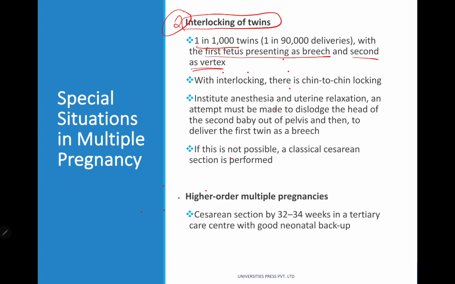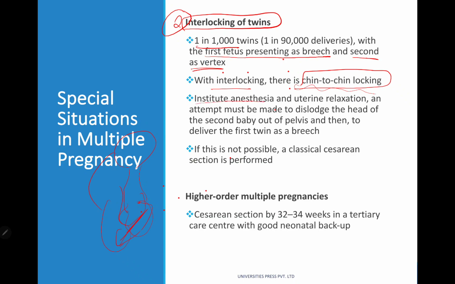So this is the head of one baby, this is the head and this is the bum. So there is interlocking, and with interlocking there is going to be chin to chin locking.